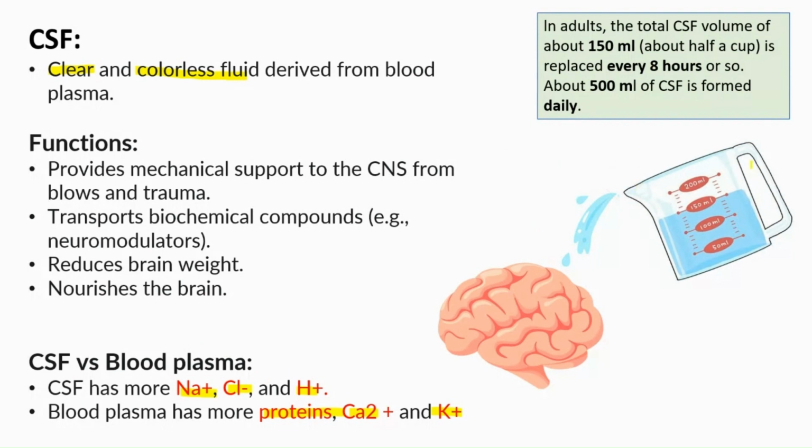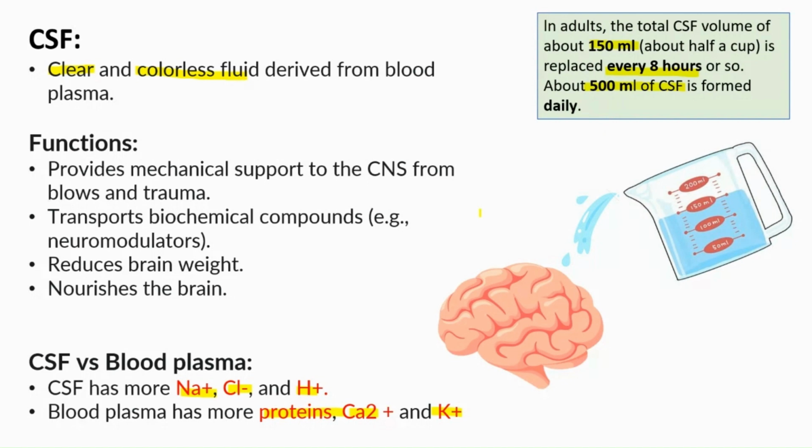Okay, now in adults, this is information just for your information, the total CSF volume of about 150 milliliters, like half a cup, is replaced every 8 hours. So you're washing your brain every 8 hours with 150 milliliters. And daily you have a total of 100 milliliters of CSF formed.